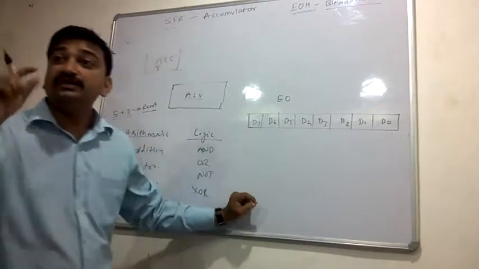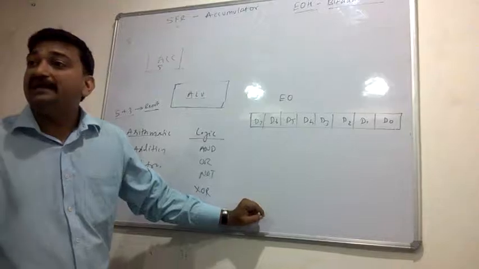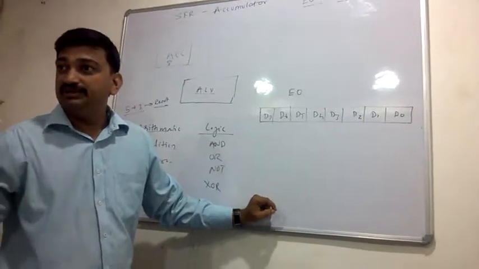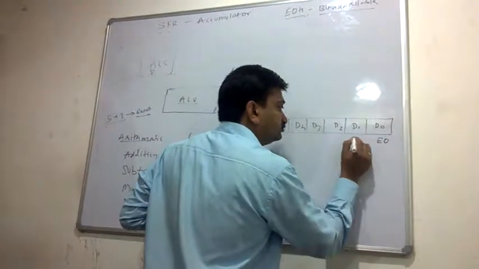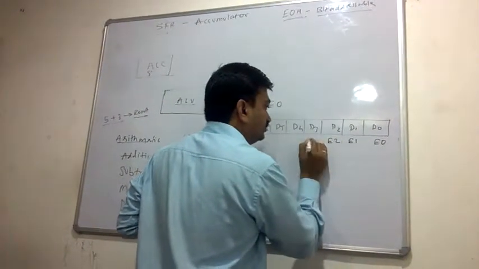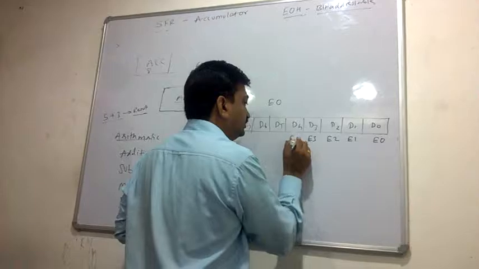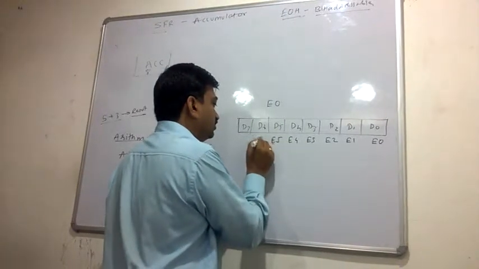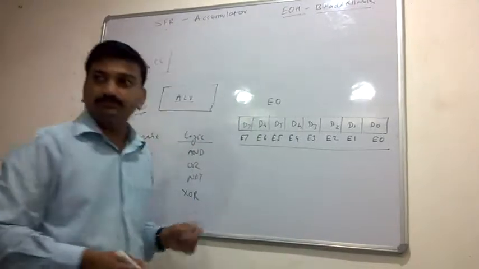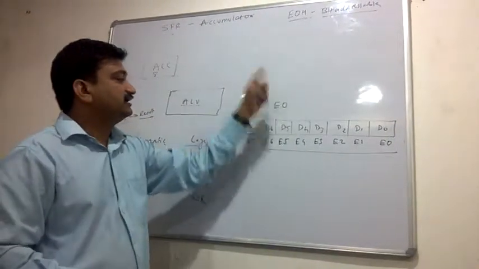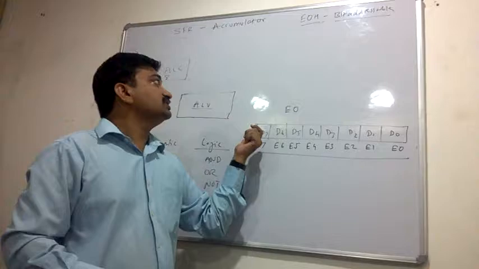Each bit has its own address, and those addresses are E0, E1, E2, E3, E4, E5, E6 and E7. These are the bit addresses, and the address of the whole register is E0.